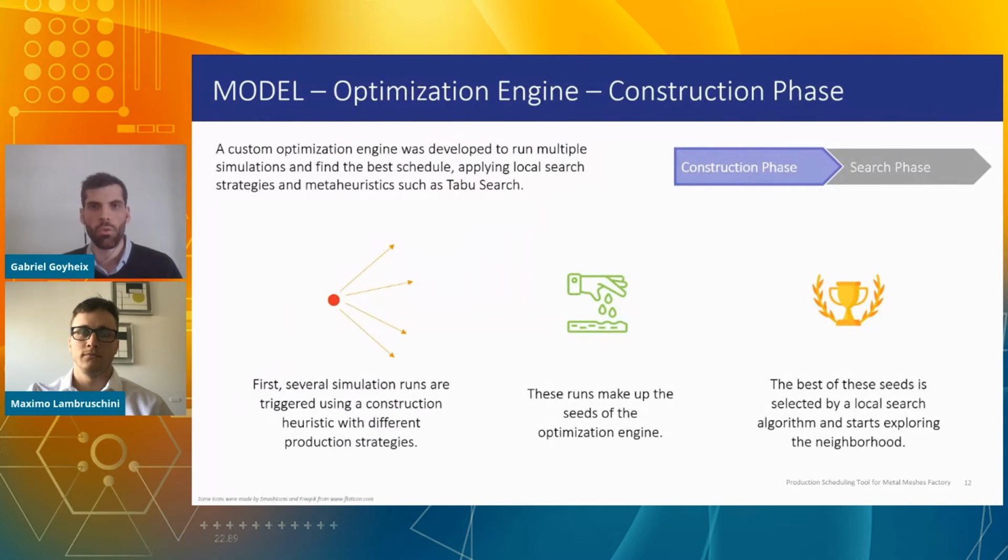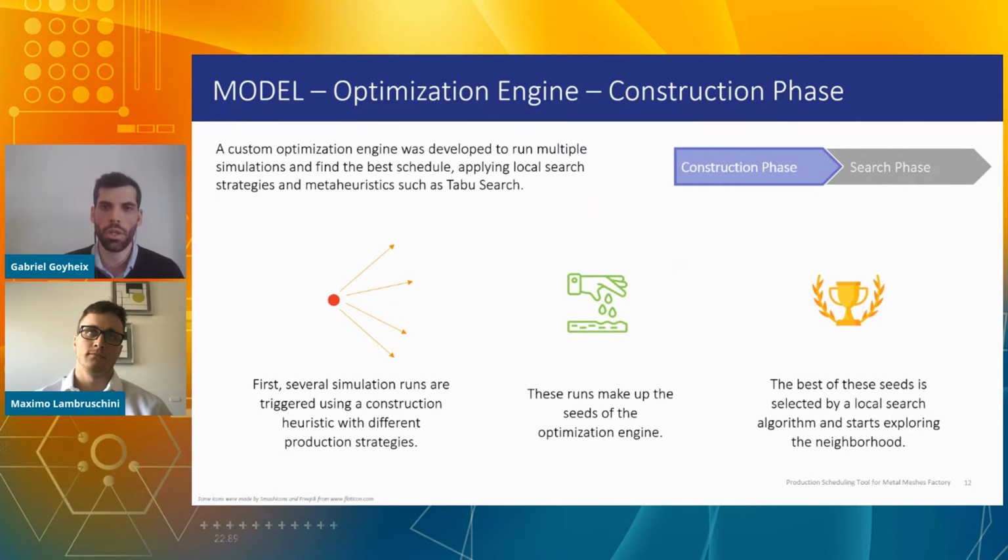So to find an optimized production schedule, we developed a custom optimization engine applying local search heuristics and meta-heuristics such as tabu search. This optimization engine runs independently from the simulation model and, in fact, uses the simulation model to test different solutions. Once the input is read and all the parameters are set, the construction phase of the optimization starts.